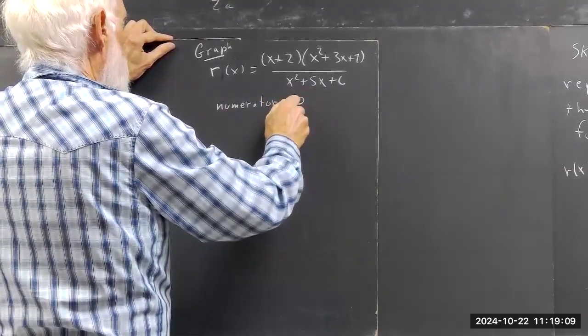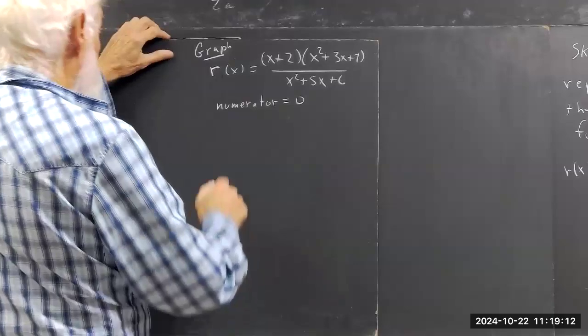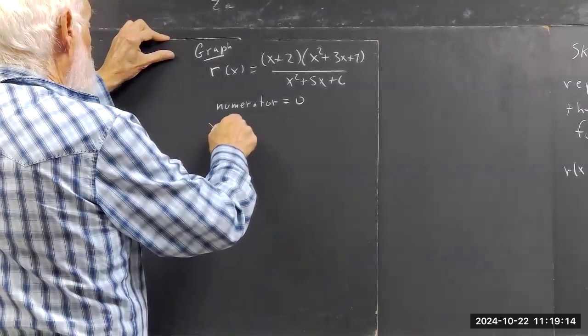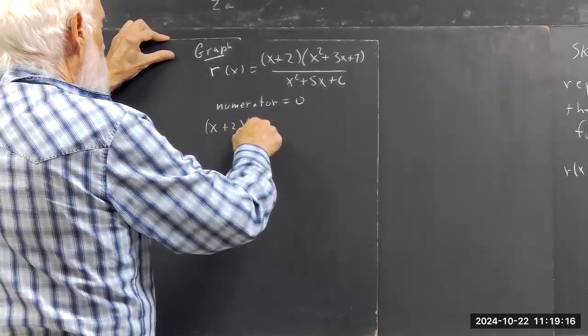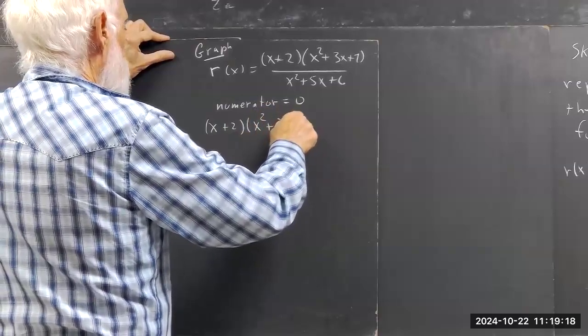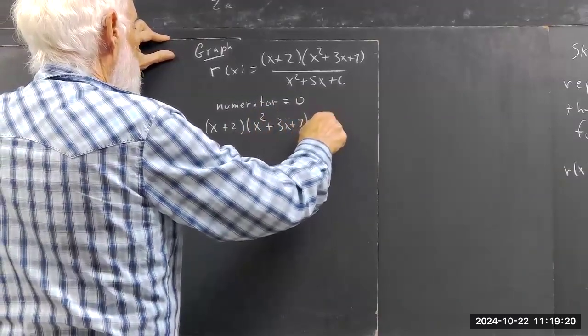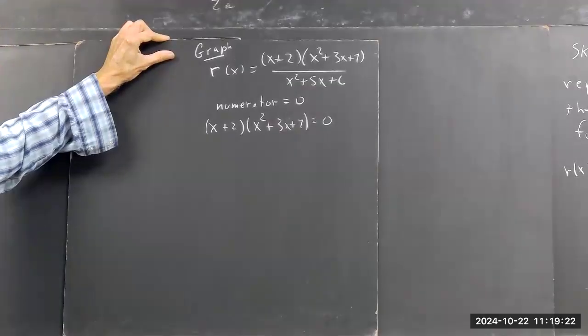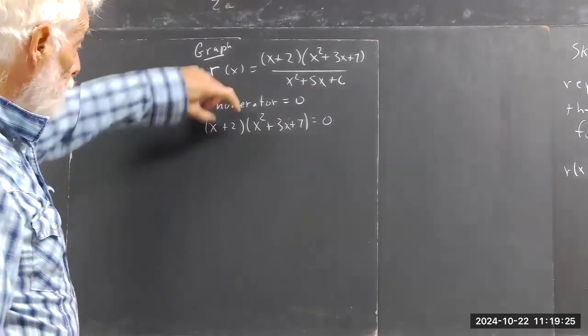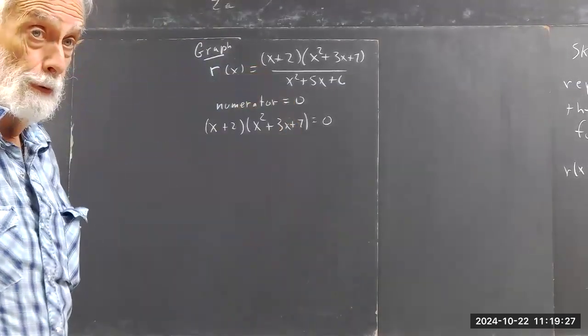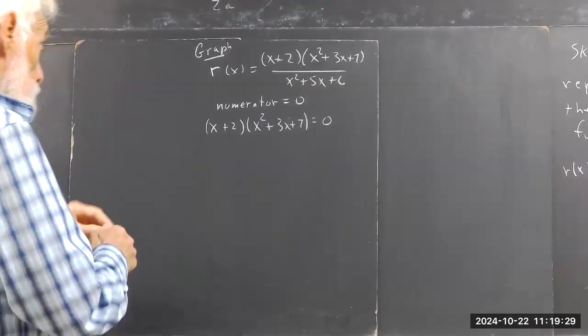Let's start with setting the numerator equal to 0. That means that x plus 2 times x squared plus 3x plus 7 should equal 0. And the only way that's going to equal 0 is if this equals 0 or this equals 0. Now, I urge you to write this out.